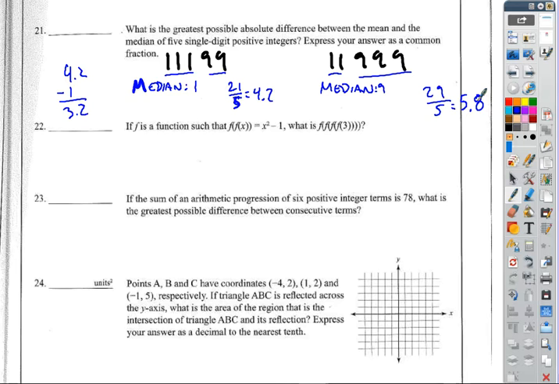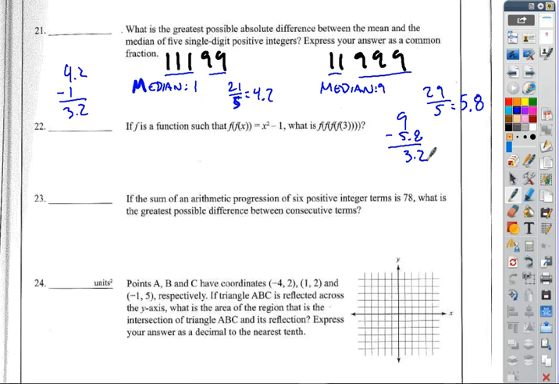So then let's subtract. 9 minus 5.8 is going to be 3.2. So it doesn't matter which way you look at it. The greatest possible difference is going to be 3.2, but we need to express it as a common fraction.